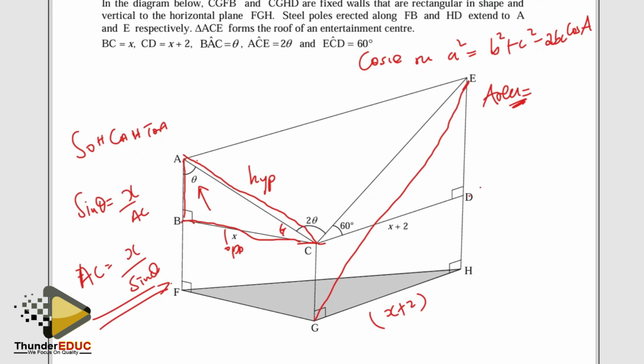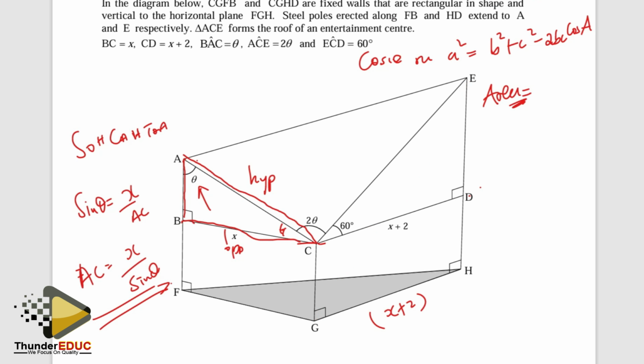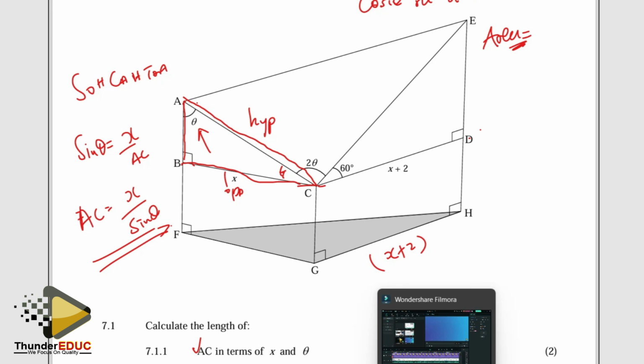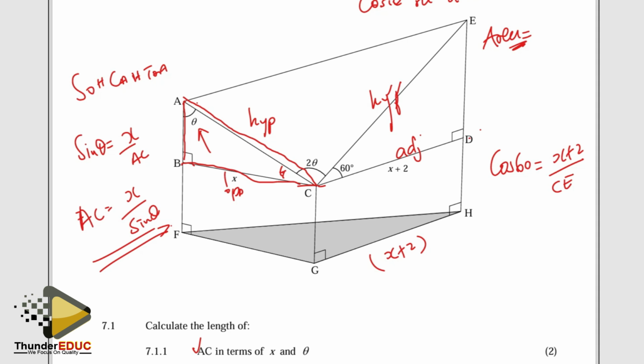Okay, CE. In terms of x, so we need the hypotenuse. This is going to be the adjacent. So we use the cos. So cos of 60 is equal to the adjacent, which is x plus 2, over the hypotenuse, which is CE. Let's make CE the subject. CE becomes cos of 60 over x plus 2.